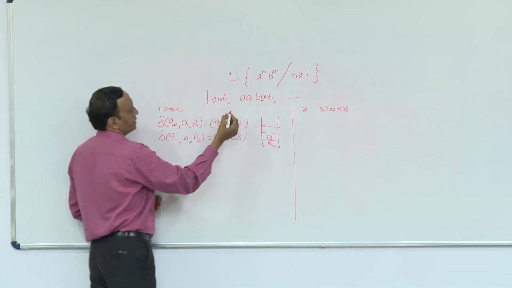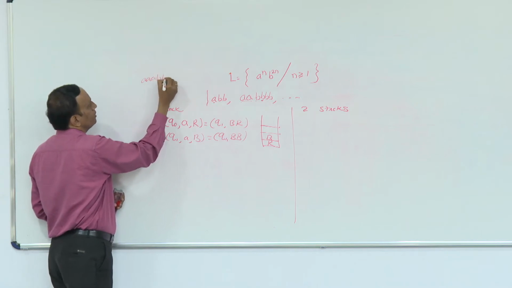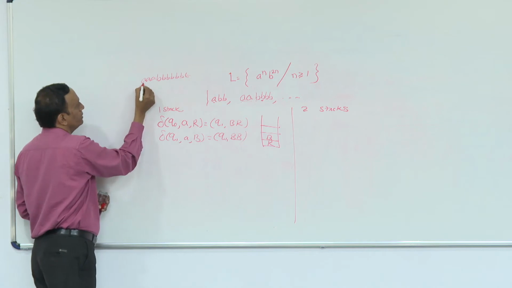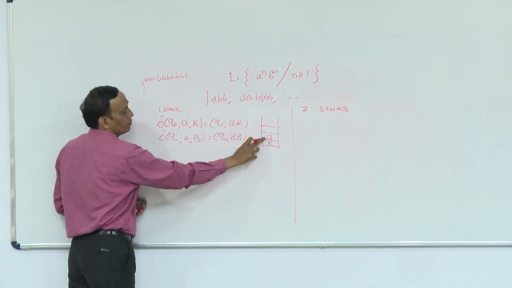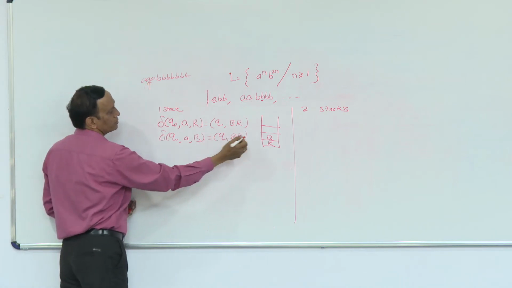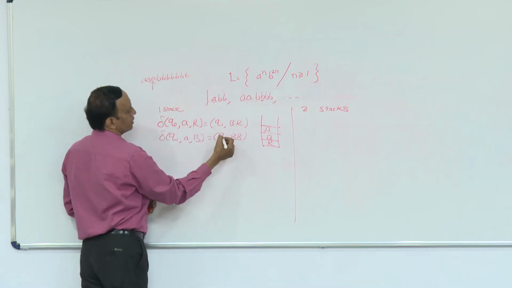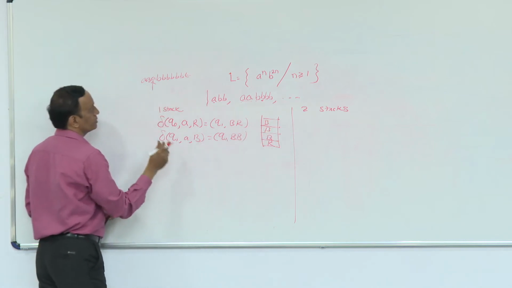Let us take an example of, say, 3 a's and 6 b's. So we have epsilon. For the first a, we apply this transition function and we get the first B. For the next a, we get one more B. For the next a, we apply this function again, and one more B is pushed onto the stack.